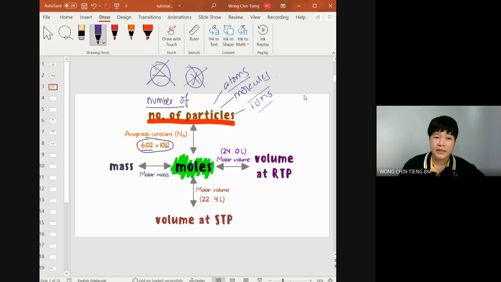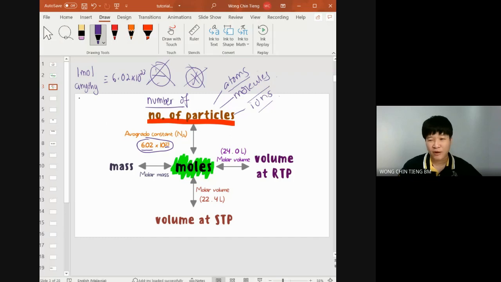So over here, when it's number of particles, the conversion is the Avogadro constant. In other words, 1 mole of anything is equal to 6.02 times 10 to the power of 23. 1 mole of girlfriend. Say Jun Xiang has 1 mole of girlfriend.